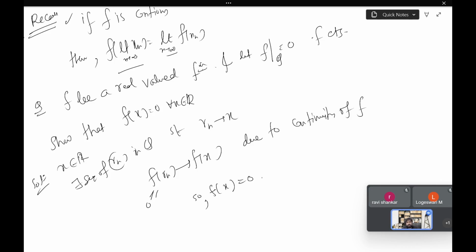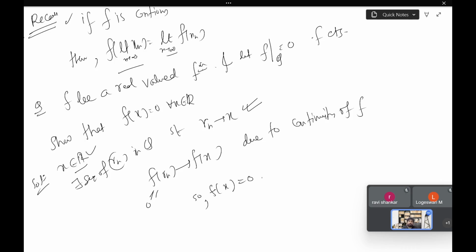So we need to check that f is 0 everywhere. We are choosing a point x from the real numbers. Due to density of rationals, we can find a sequence r_n in rationals such that r_n converges to x. Till now you understand everything? Yes, sir.